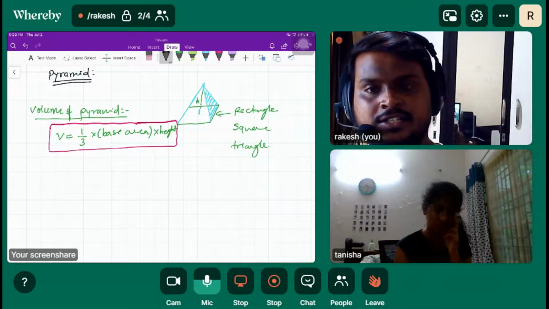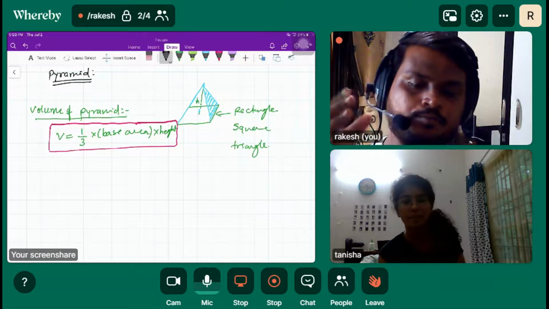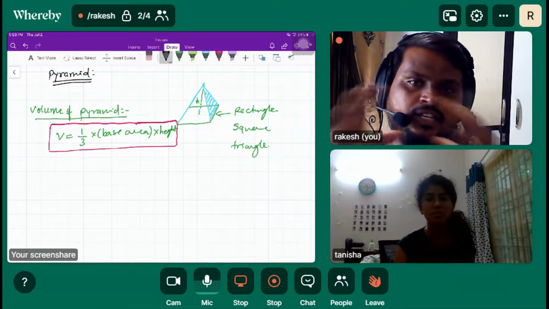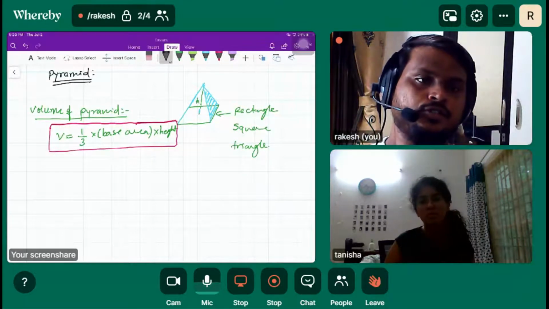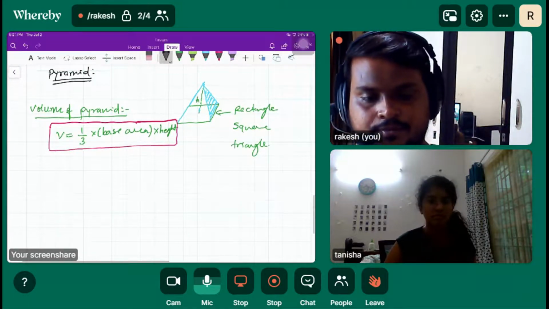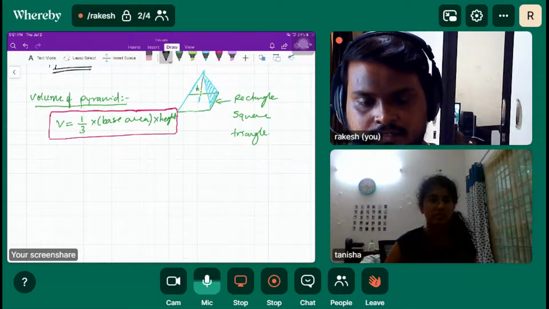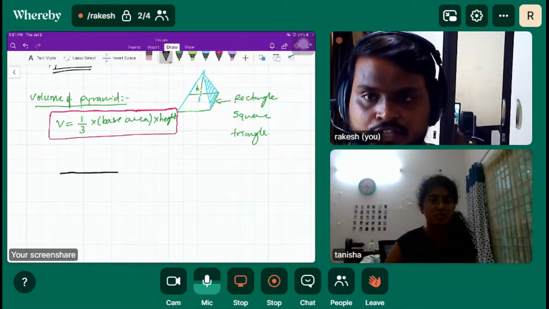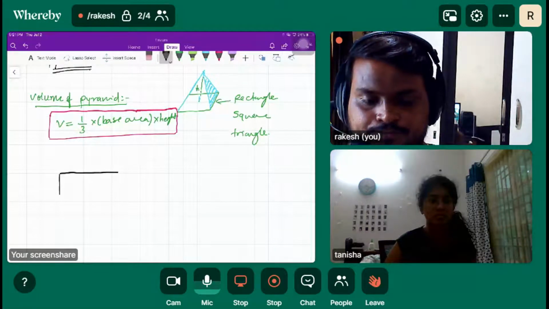So I'll try to put this pyramid inside a cuboid. Let me show you the diagram here, and for that I need to draw the cuboid.